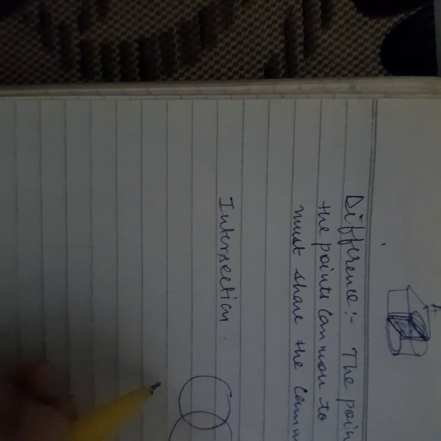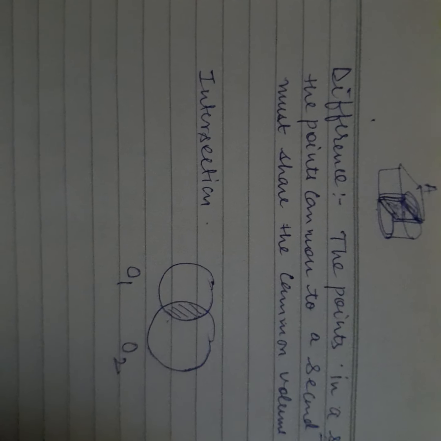Now we would talk about intersection. Intersection is also really very simple. Like in our previous classes we have sets, here we have objects. We want this part, like we can form a lens like this.